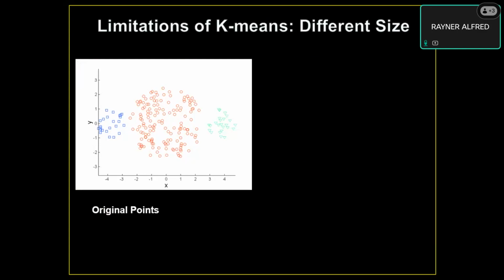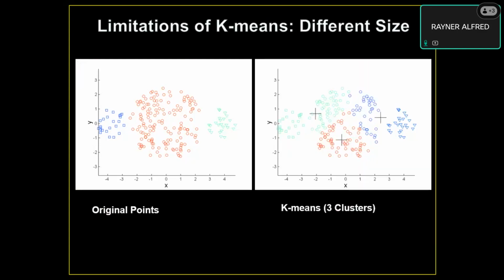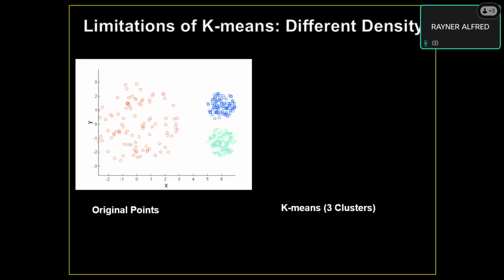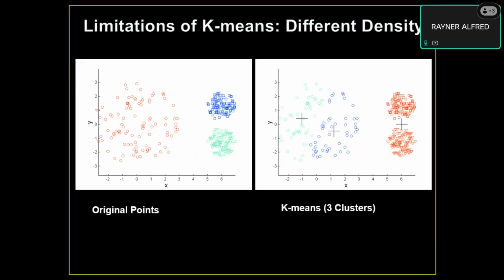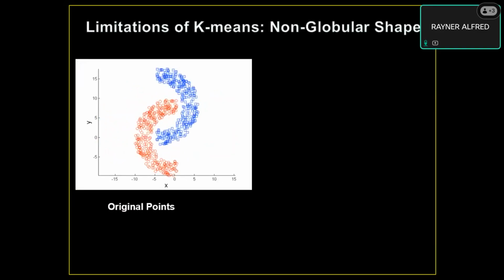But when you do the clustering, you will get this. Because the algorithm cannot see. You can see there are three clusters, but the algorithm cannot see. Or you have different density, you will have a problem like this. Or non-globular shape.